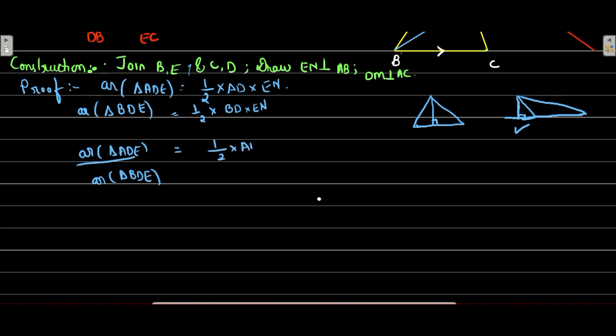Half into AD into EN, and area of triangle BDE is half into BD into EN. Because EN are the same, we can cancel, and half can also be cancelled, which is in turn equal to AD by BD.